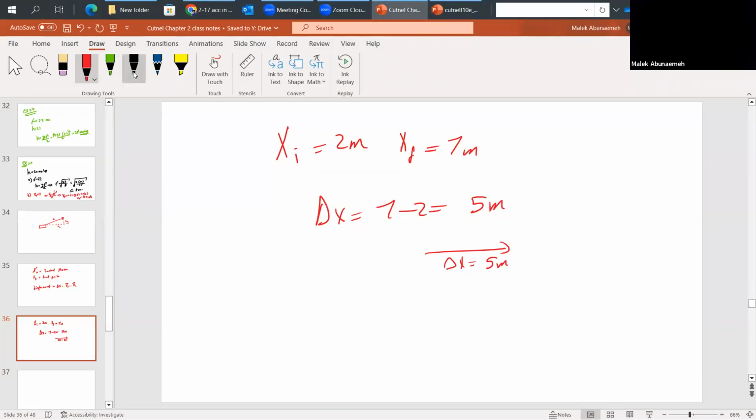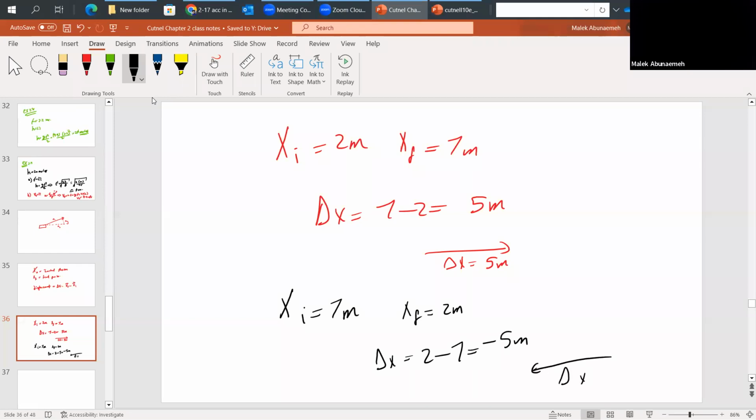Another one, let's say your x initial is 7 meters and your x final is 2 meters. That means your delta x is going to equal 2 minus 7, which is minus 5 meters. That means you're going this way at minus 5 meters. Again, the negative is just the direction that you are going.